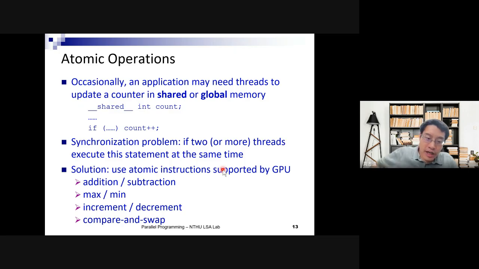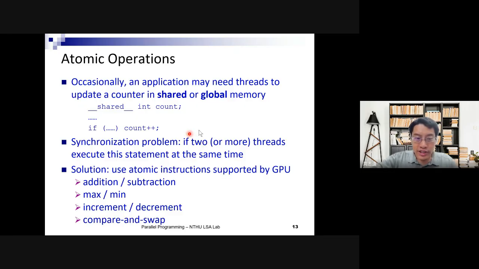Basically, what happens is you ask the GPU to apply a lock on the shared memory content, and so it will force mutual exclusion on that memory content.